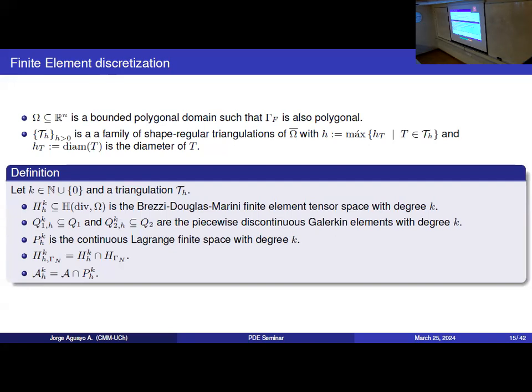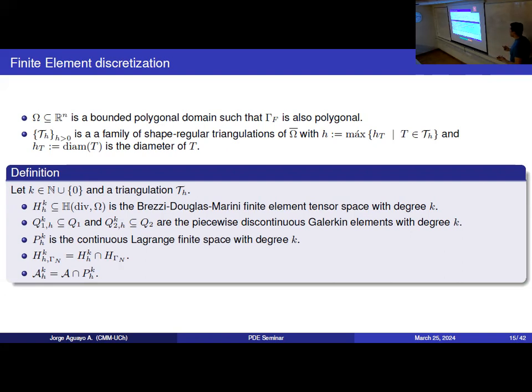And this space is very special because it preserves information between edges in the normal direction. It's not pointwise, it's just in the normal direction. So that's why the finite element has a divergence, but we don't have continuity in the derivatives.